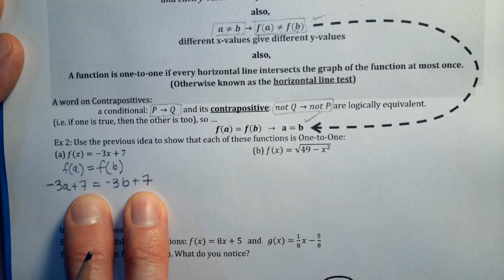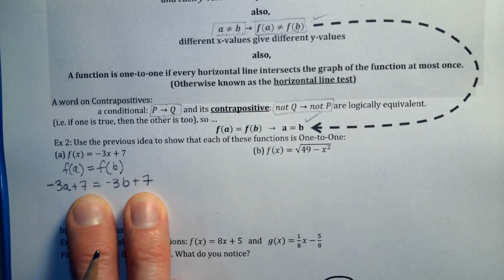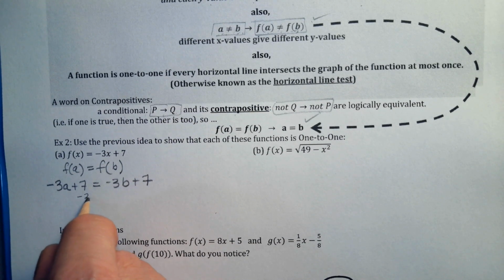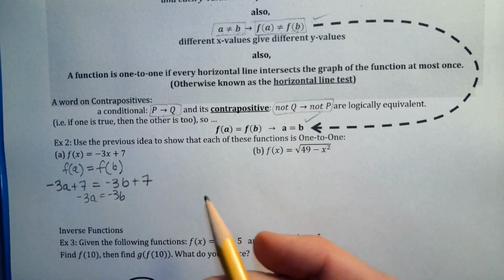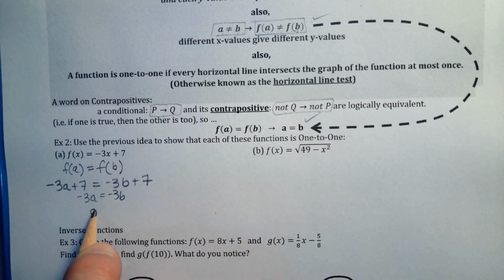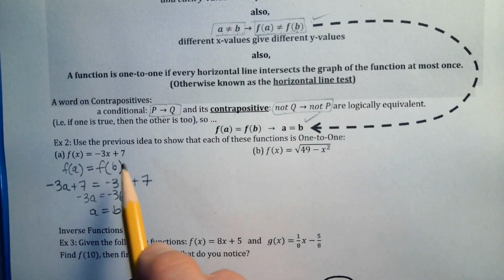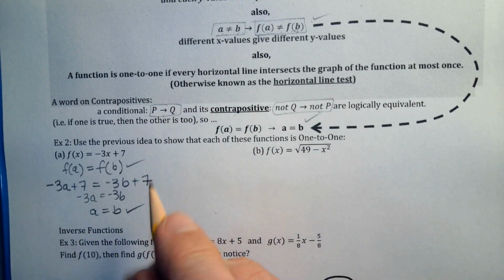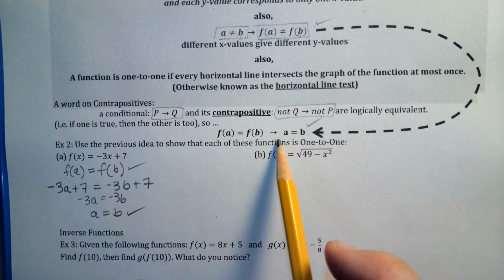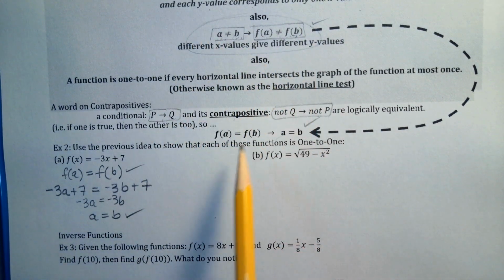I could get rid of the 7s, and I get negative 3A equals negative 3B. And then I could divide through by negative 3. A equals B.